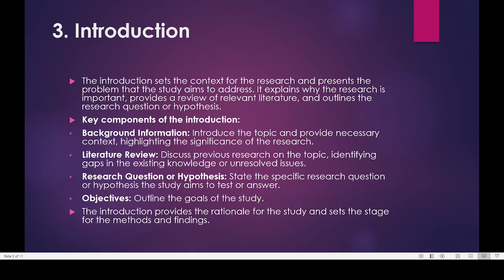Background information normally means the previous research work, literature review, what the other people who have been working on this area have done, what the major publications on Kumaragam Bird Sanctuary are before, research question, what I am going to undertake during my study, state the specific research question or hypothesis the study aims to test.